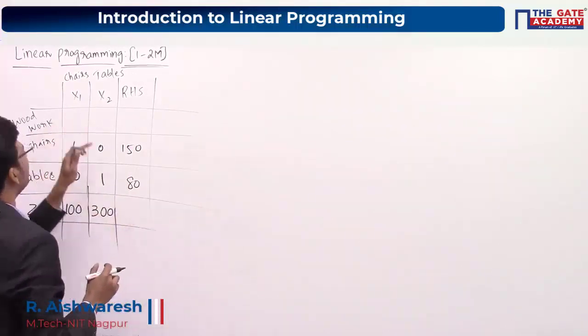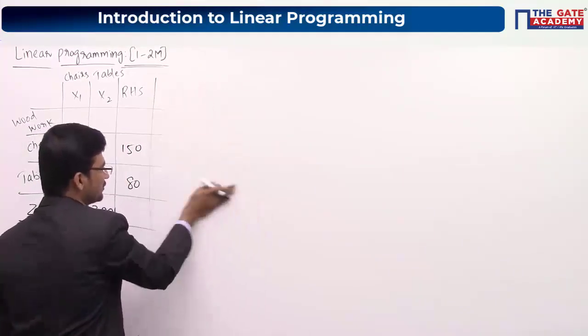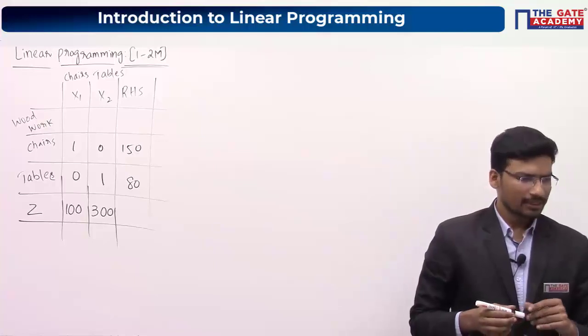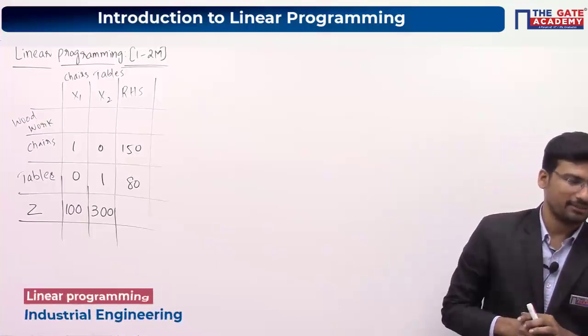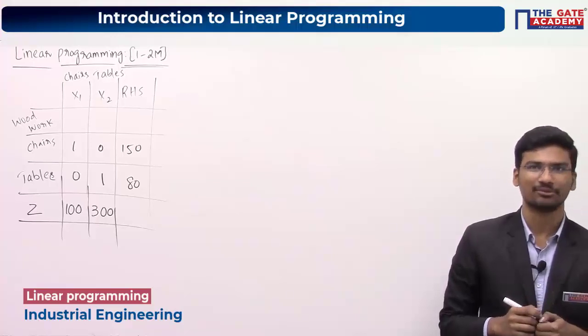Now coming to this woodworking department, maybe you got some problem in writing this particular constraint. Just look at this statement. The woodworking department is capable of producing 200 chairs or 100 tables.